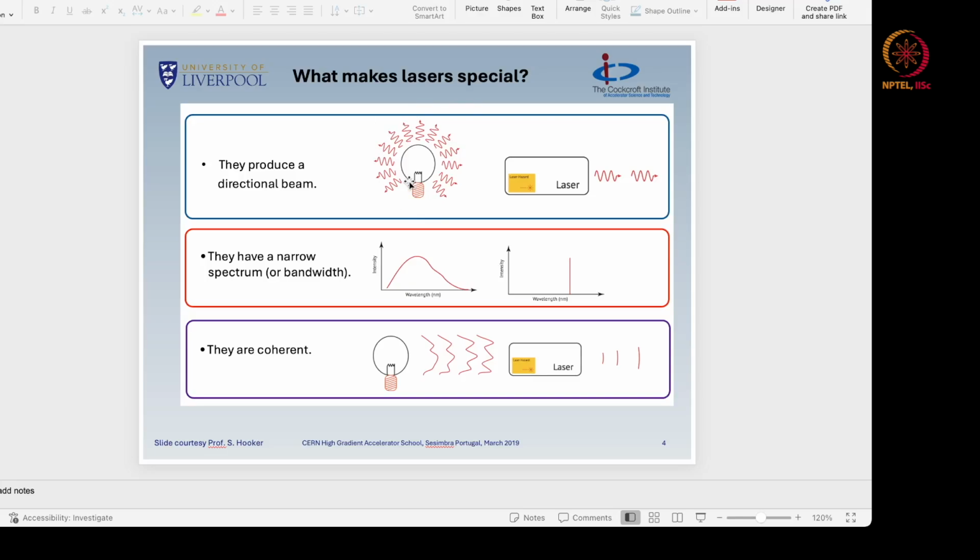Your normal room light is very different from a laser. A laser produces what we call a directional beam.